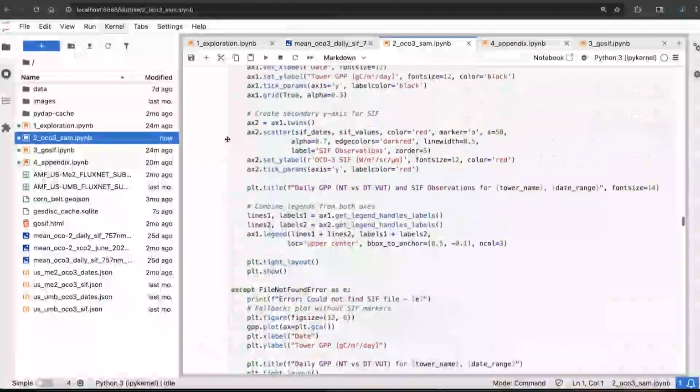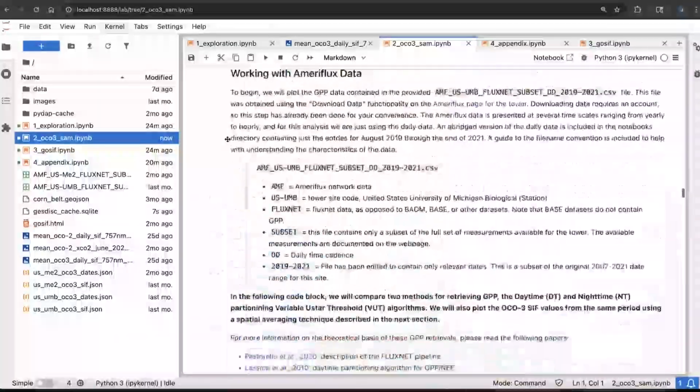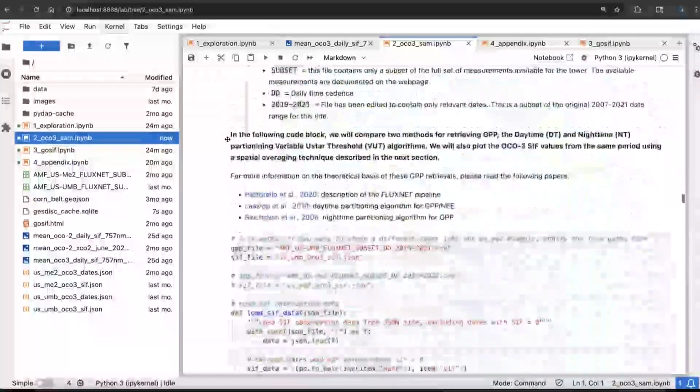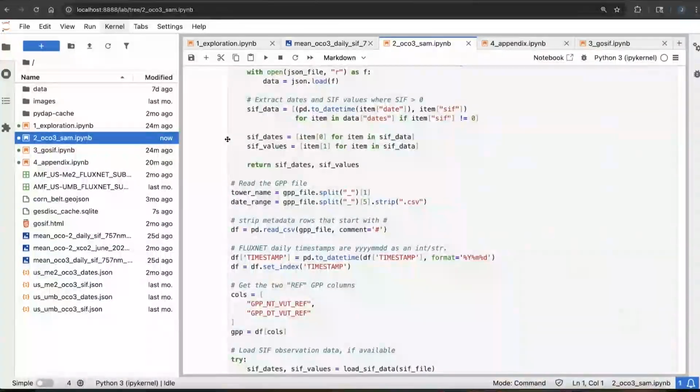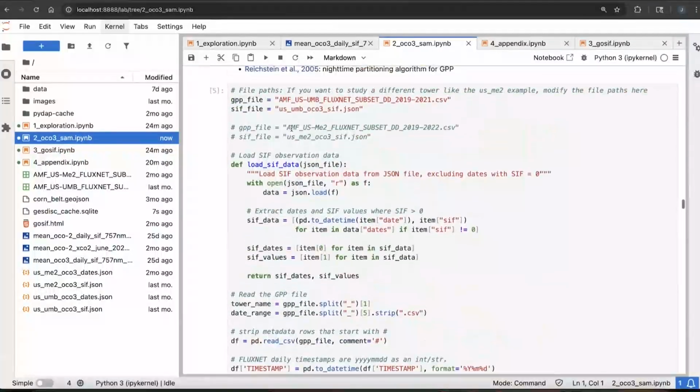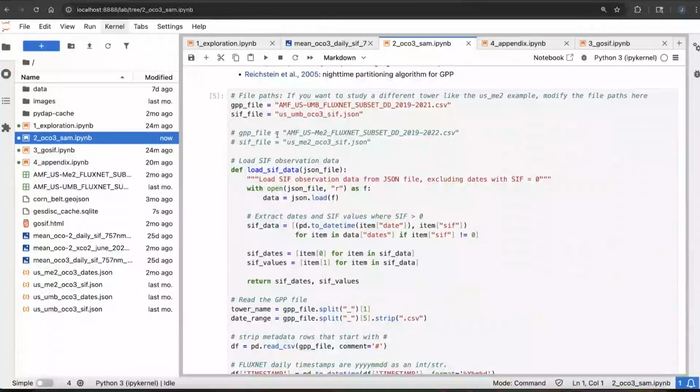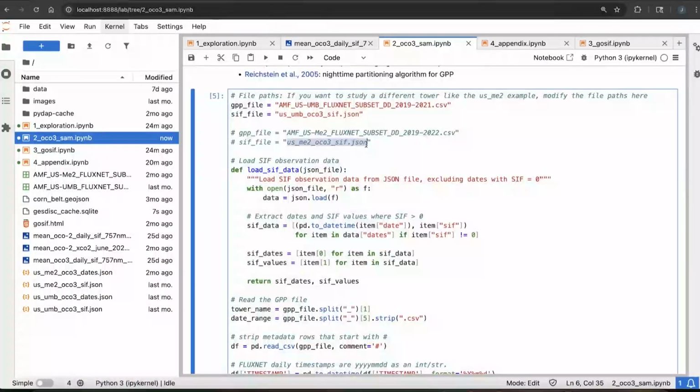observe. So I'll scroll back up to the beginning of section 2, which is where we created the time series plot in the first cell of this section. And you can see we've already provided a line with the CSV file of Ameriflux data for the USME2 site, as well as our pre-processed SIF values from OCO-3 that, again, come from the appendix notebook.